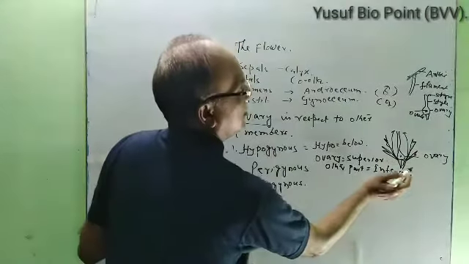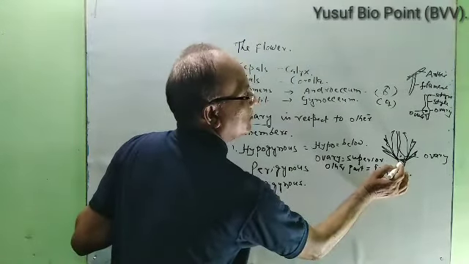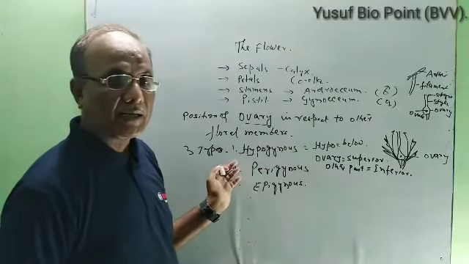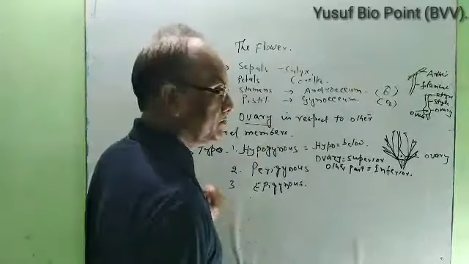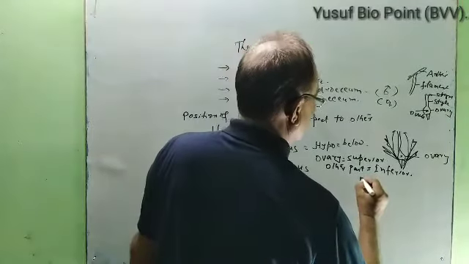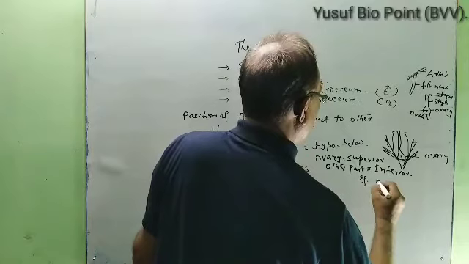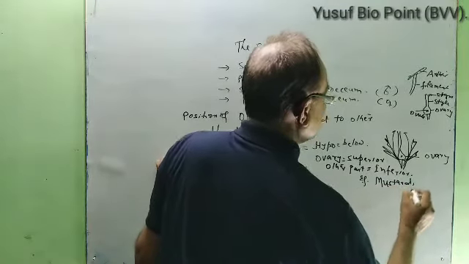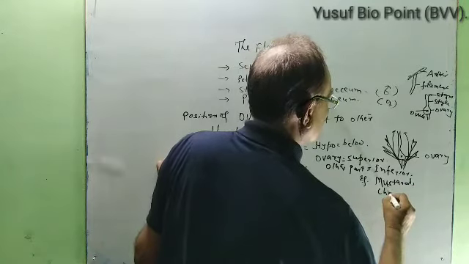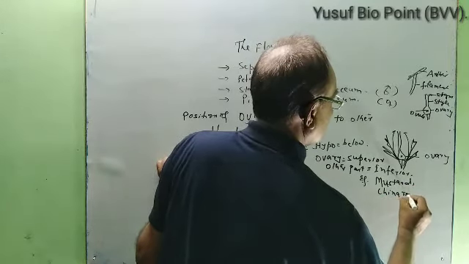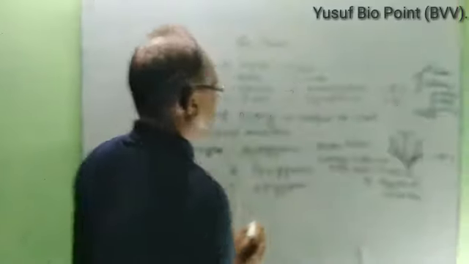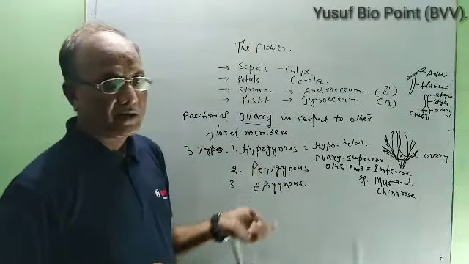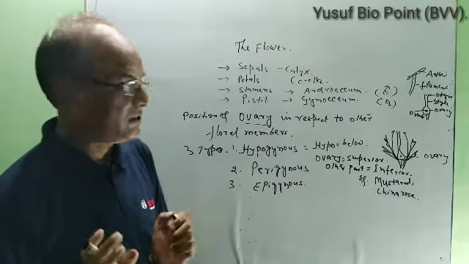All the parts are found below the gynoecium, so it is known as hypogynous. Examples: mustard, China rose. So this is about hypogynous, means all the other parts are found below the gynoecium.